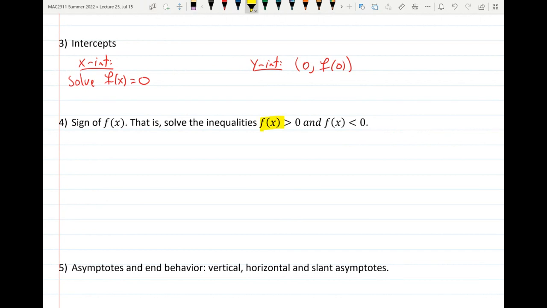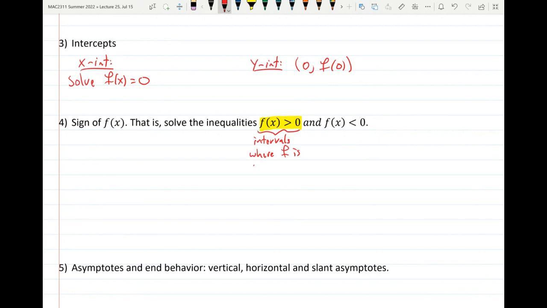Well, when f of x is greater than 0, what you're finding is information of the intervals for which f is above the x-axis.